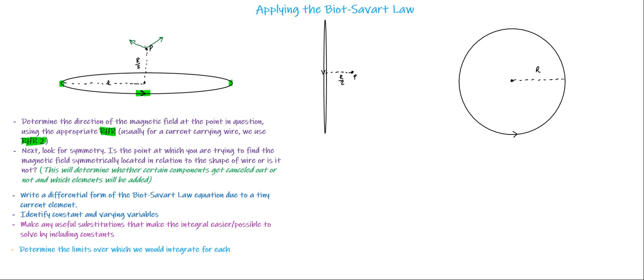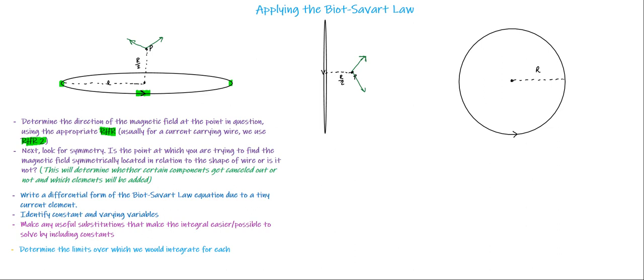So you can imagine that kind of distribution here. If you were looking at it from this perspective, these contributions would be all the way around here. From this perspective, we'd look at it like this.